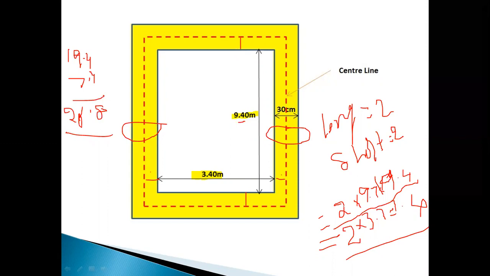Adding long wall plus short wall is the accurate method. The center line method is approximate. So the long wall short wall method is the accurate method.